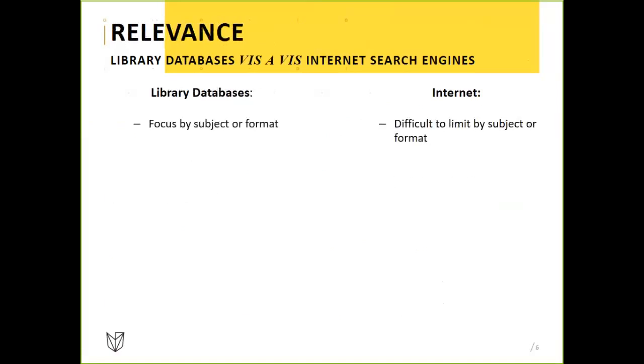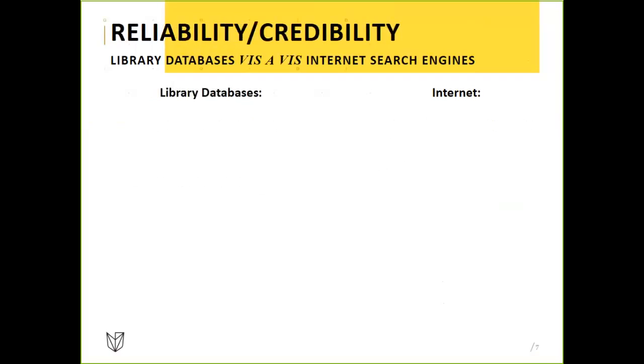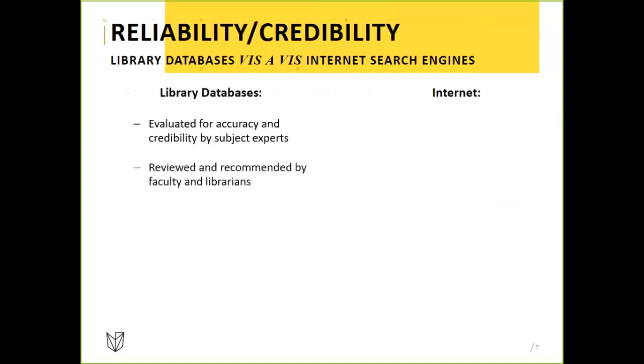In any case, it's easier to focus in the library because we have databases for specific topics, which is kind of cool. The sources are quality controlled in the sense that everything gets reviewed before it goes in, so you spend a lot less time dealing with junk. When we come to reliability or credibility, library databases are generally evaluated before the stuff gets published.